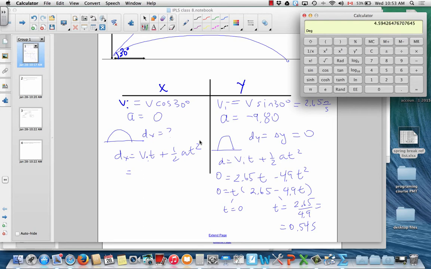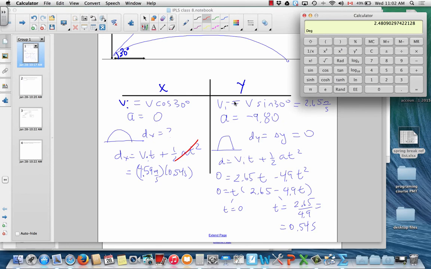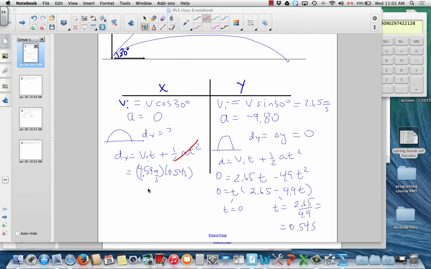So that's 4.59 meters per second. And then the object's in the air for a little bit more than half a second. This term, however, just disappears because there's no horizontal acceleration. Okay, so that gives us a distance of 2.48 meters.